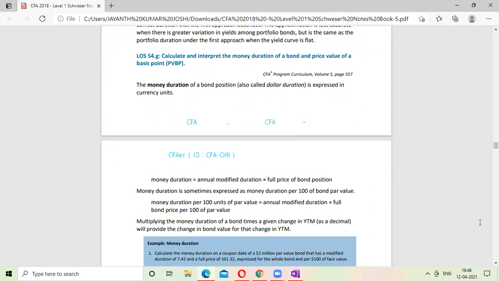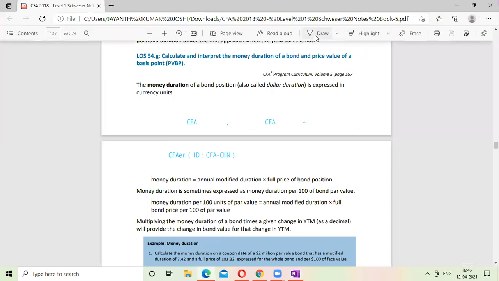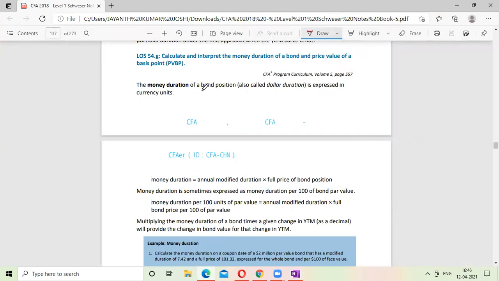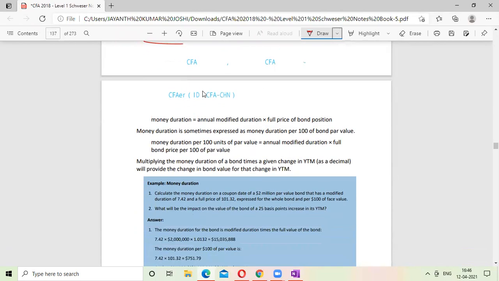So here we are. If we take the money duration of a bond position, it is expressed in currency units. It's nothing but annual modified duration times the full price of the bond position.